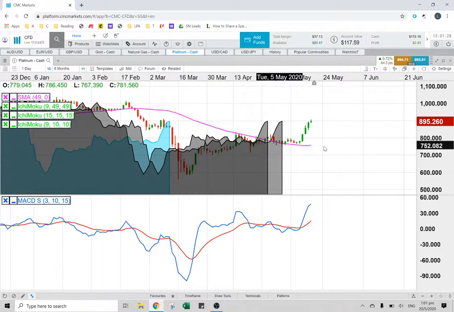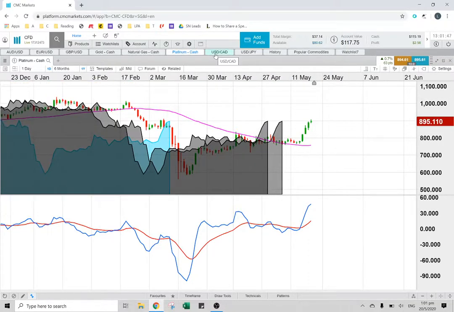So 1, 2, 3, 4, and now it has happened 1, 2, 3, 4. So we would expect that, if it follows the past, there would be a small pause over the next 2, 3, 4 days. That's where we could look to have a buy opportunity. So yeah, let's see, for platinum.